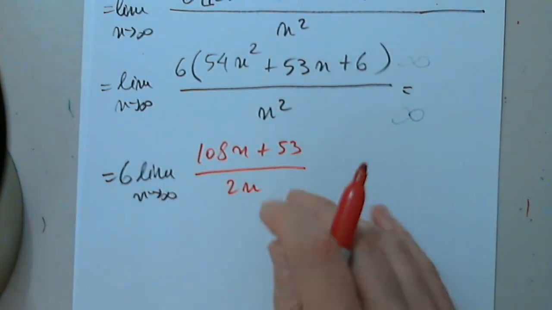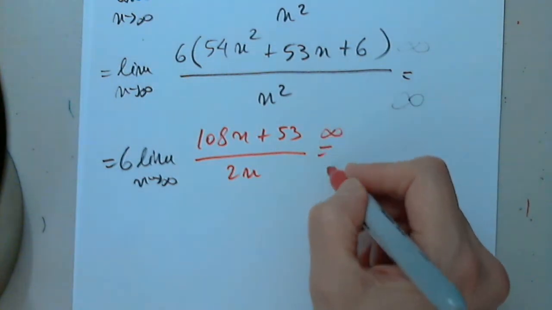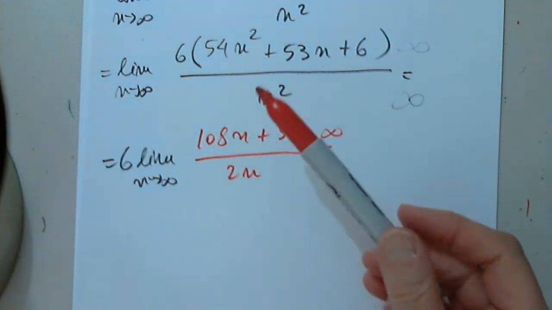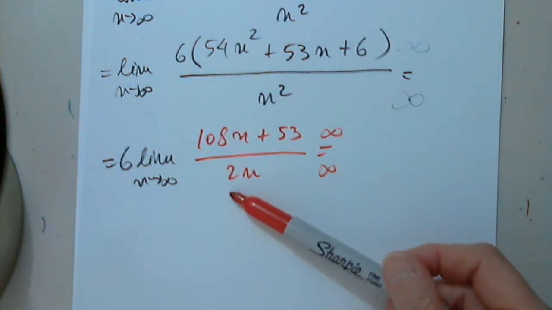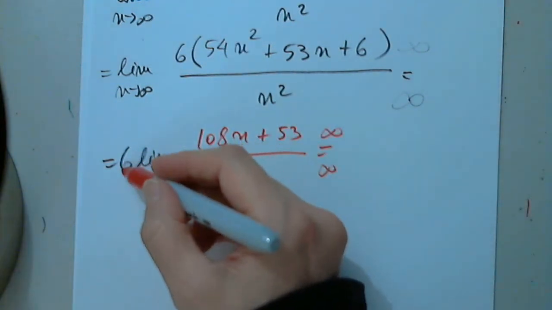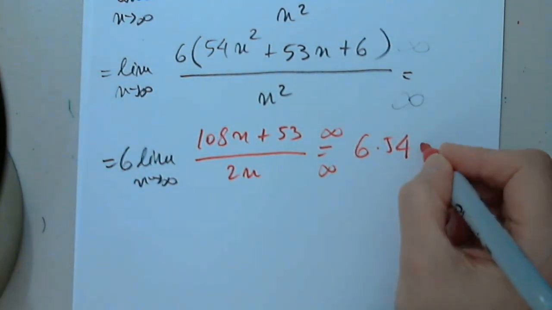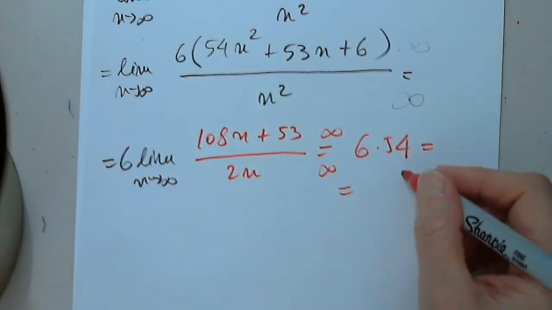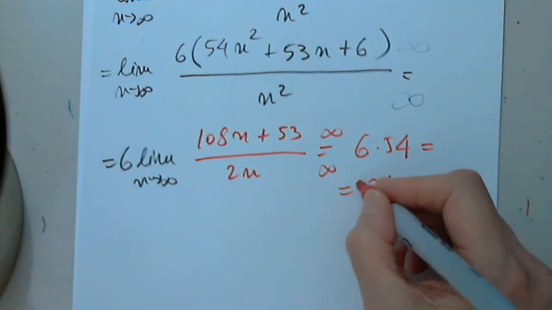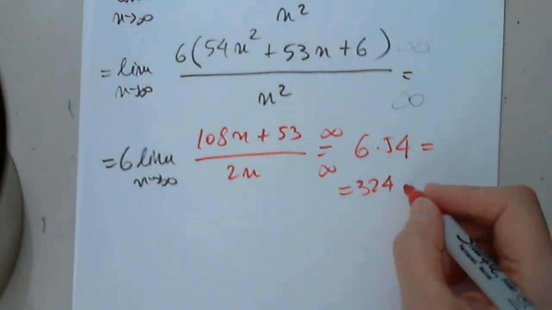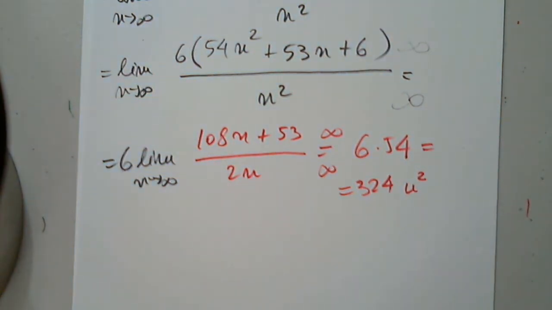I get 2n. Again, it's infinity over infinity. When I differentiate, I get 108 over 2, which is 54. I have the 6 times 54, and that's it. 328. What is this? Well, some units squared, whatever it is.